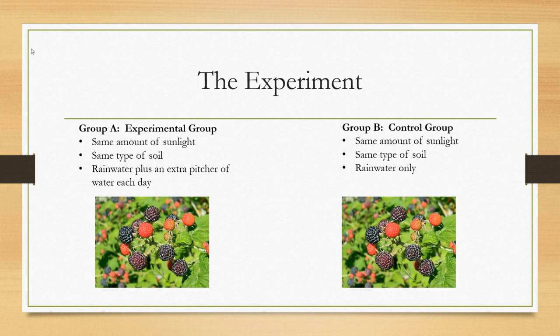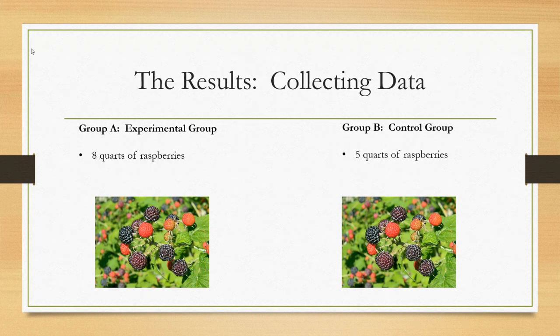Once we perform the experiment, we're going to be collecting our data over the harvest season of harvesting raspberries. Let's say that our results are that group A, our experimental group, produced 8 quarts of raspberries, and group B produced 5 quarts of raspberries.